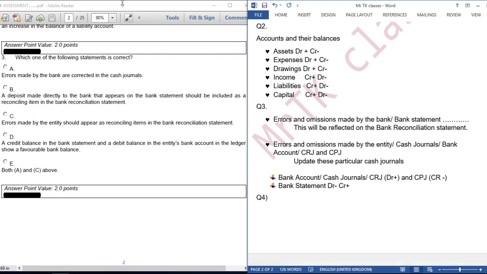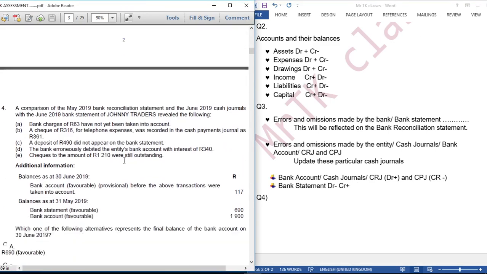All right, so question 4, we are going to say a comparison of the May 2019 bank reconciliation statement and the June 2019 cash journals with the June 2019 bank statement of June traders reviewed the following. So it means we are going to use this information again.